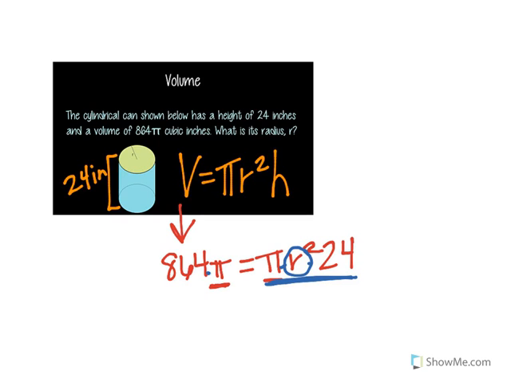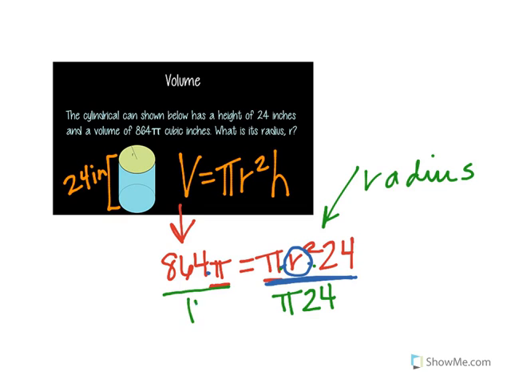Since I want to isolate r, and I'm multiplying all of these together, I'm going to divide by everything that I want to get rid of. So I would divide the right side by pi 24, and then I would come over to the left side and divide by pi 24.